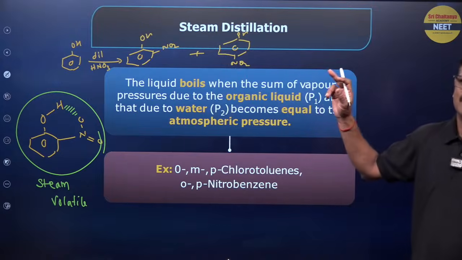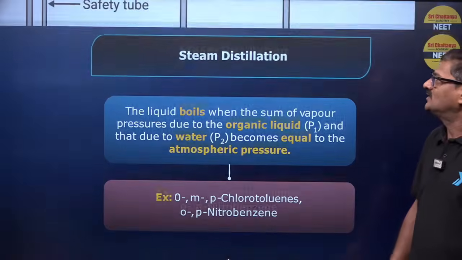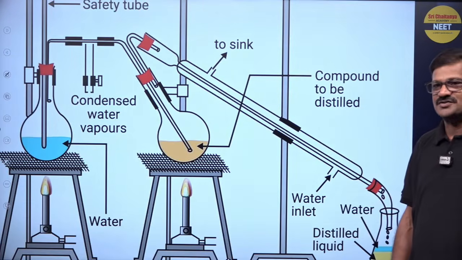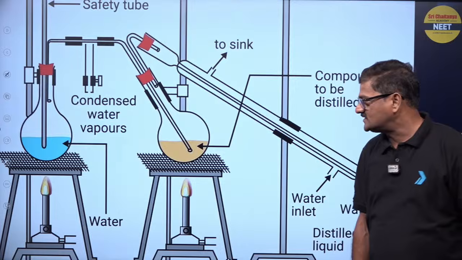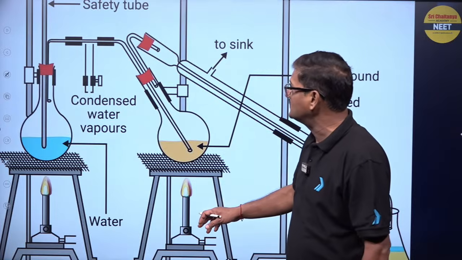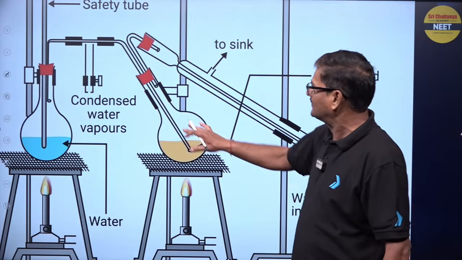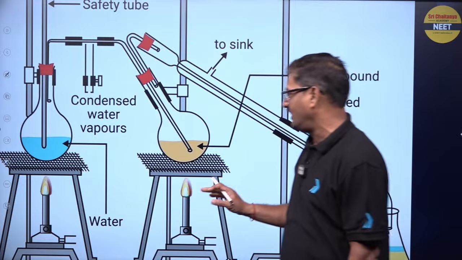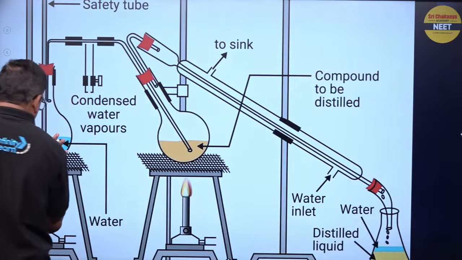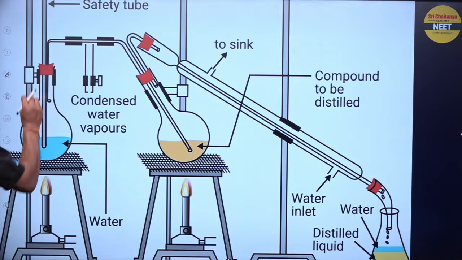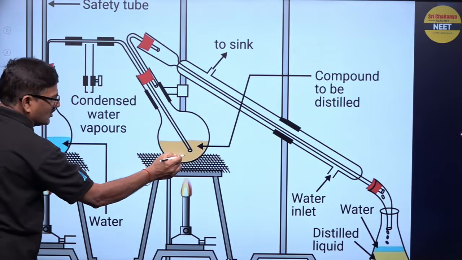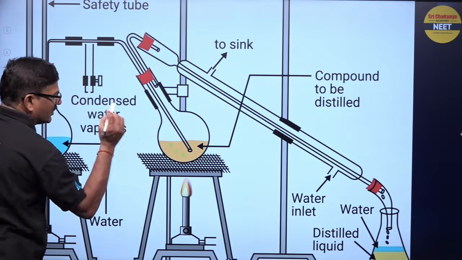This is orthonitrophenol, right? Now, this is the steam distillation setup. You boil the water and the steam is percolated through the mixture.